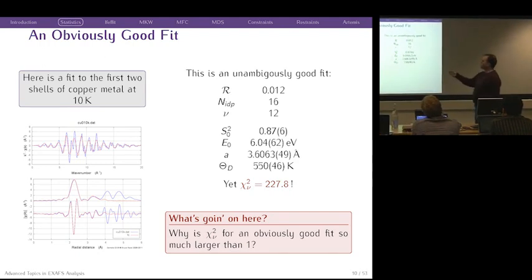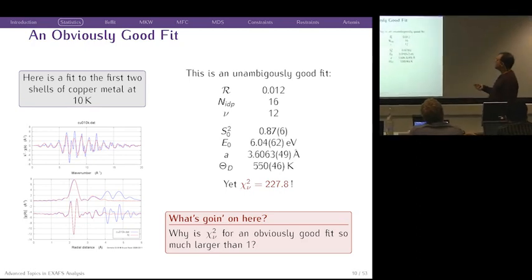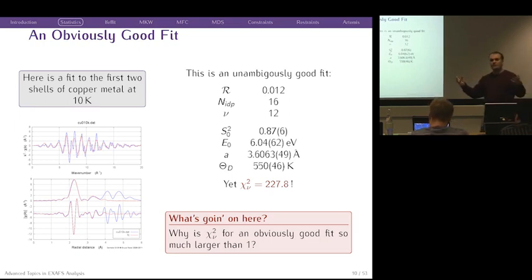If you evaluate NIDP for the parameters that I used in this fit, you get a value of 16 for the number of independent points, and I only used 4 parameters: an S0 squared, an energy shift, and an isotropic expansion coefficient, just like what we used yesterday for iron sulfide, and a little trick for determining all the sigma squares in the problem, where you can relate the sigma squared in an XAFS fit to the Debye temperature, to the behavior of the acoustic phonons in the material.